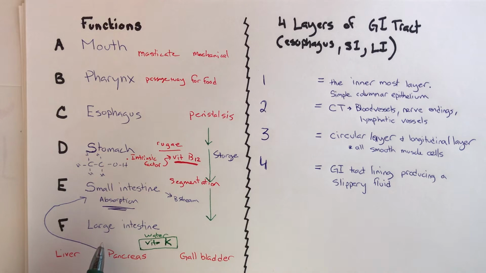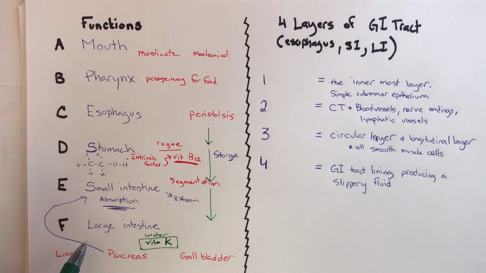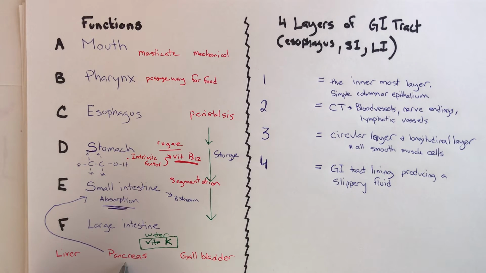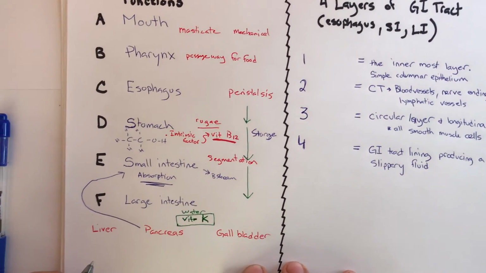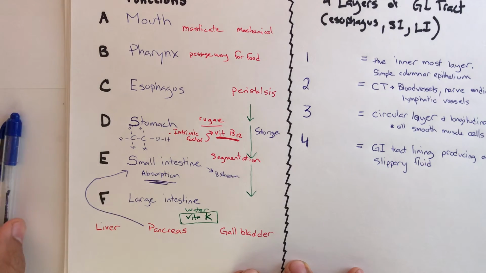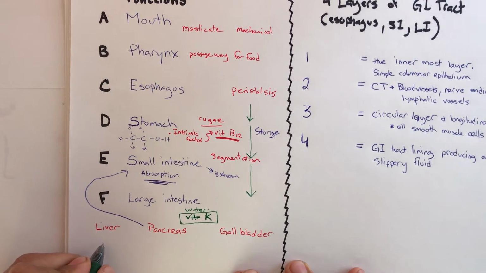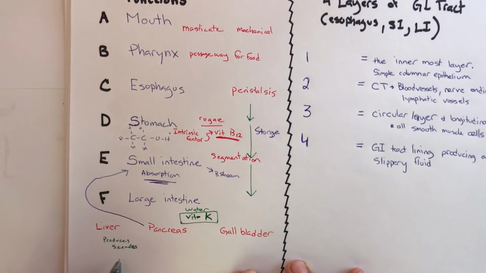All right. So we have the functions of the alimentary canal. We also have the liver, the pancreas, and the gallbladder. The liver has so many functions, but one function in particular is that it produces and secretes bile.